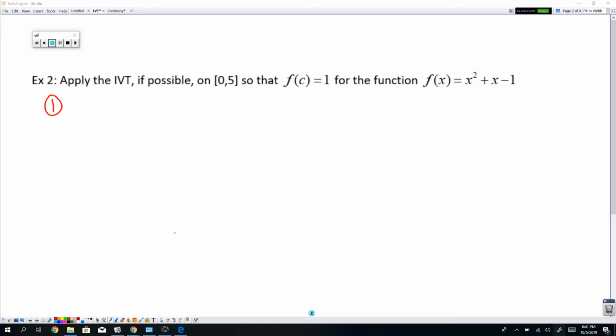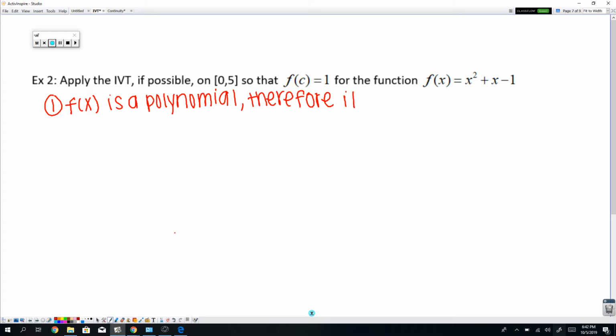Yes, it is. It has a 2 as an exponent, which is both whole and positive. So f of x is a polynomial. Therefore, it's continuous.